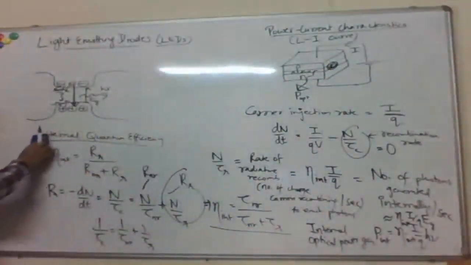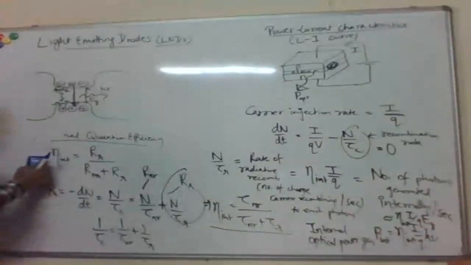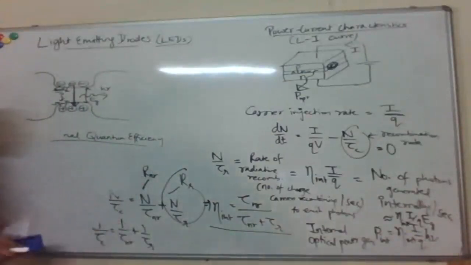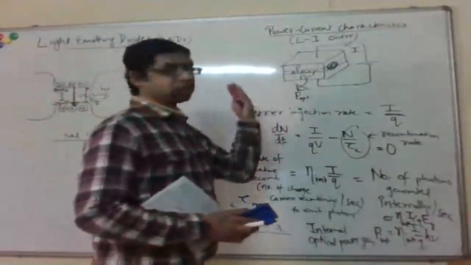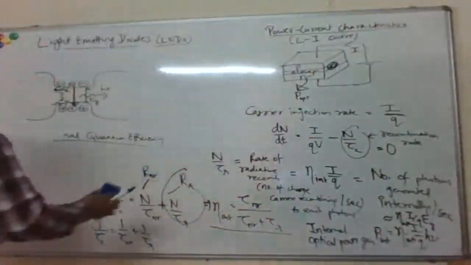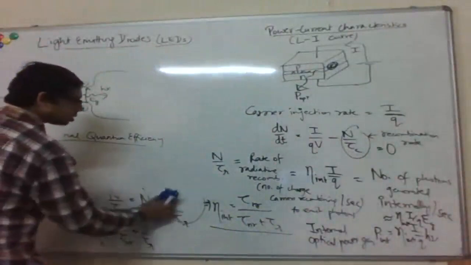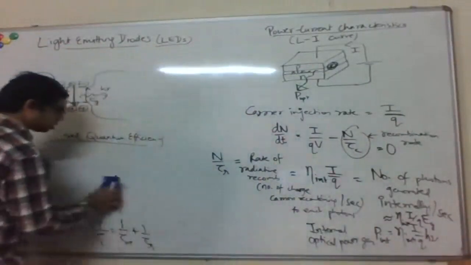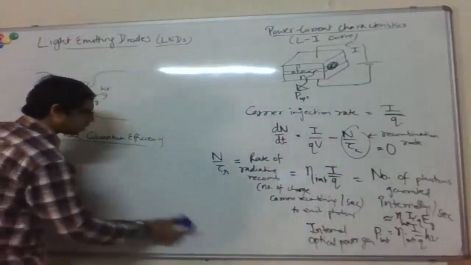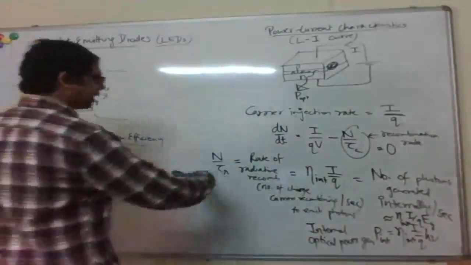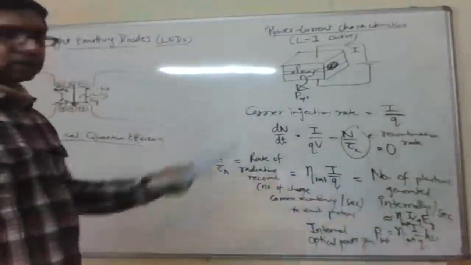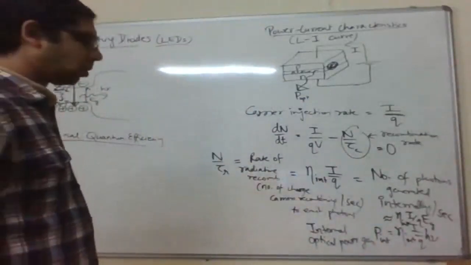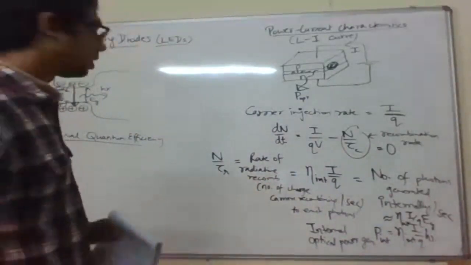So there is also what is known as an external quantum efficiency, which is basically the fraction of light escaping out of the device. So by the way, these lifetimes typically for these 3-5 semiconductors are typically in the few nanosecond range. So let's say between 1 and 5 nanoseconds somewhere.